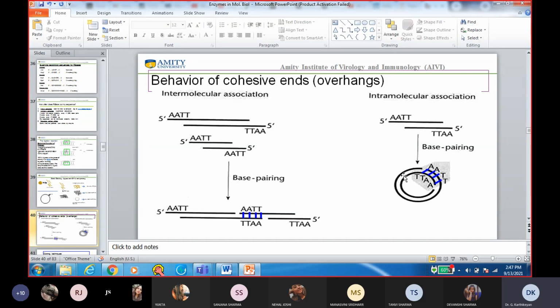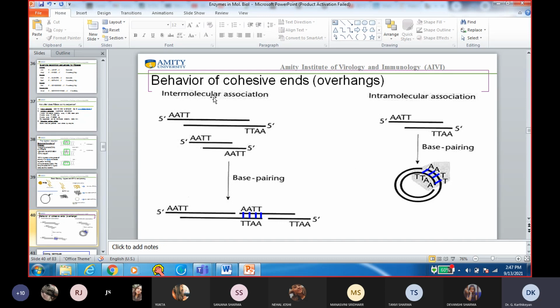Typically, let us say this is your insert, this is your genomic DNA which has been cut with a restriction enzyme, and these are the plasmid vectors. What you are seeing here is that there are regions of single-stranded DNA.